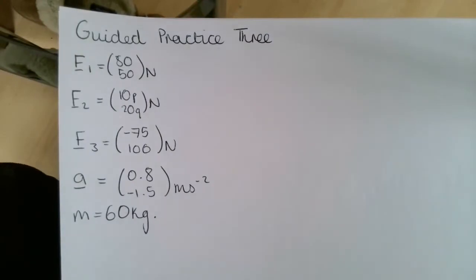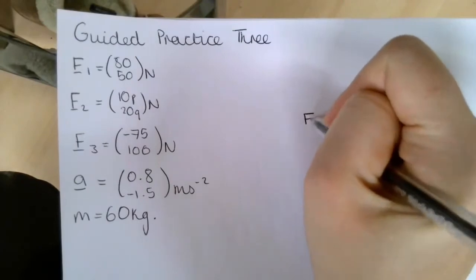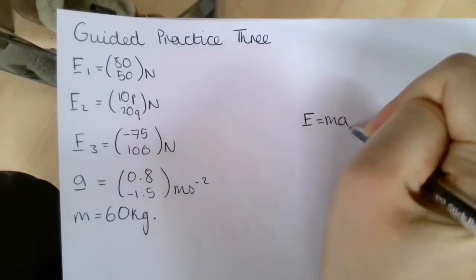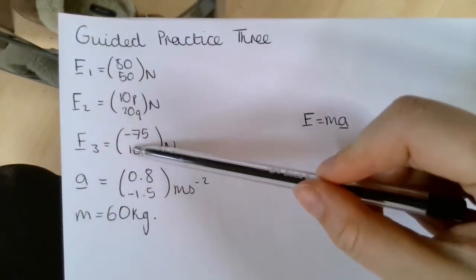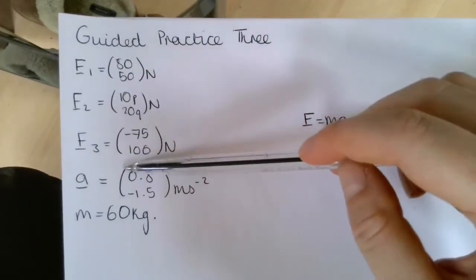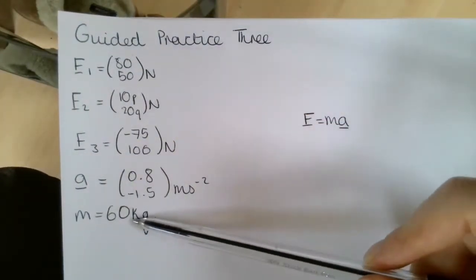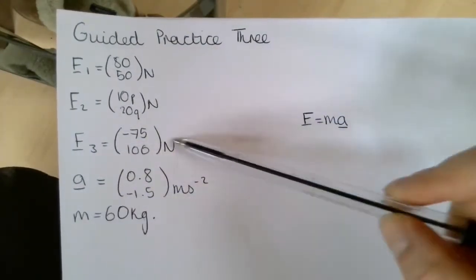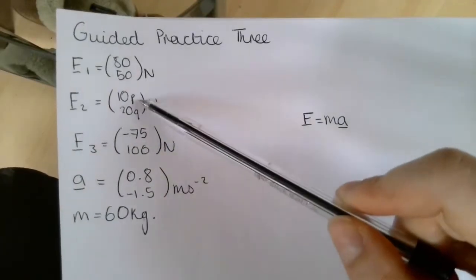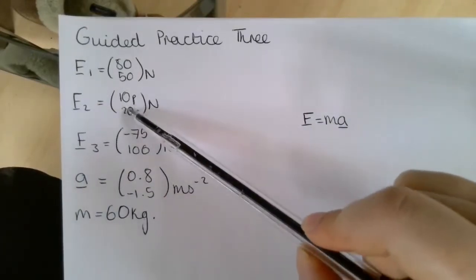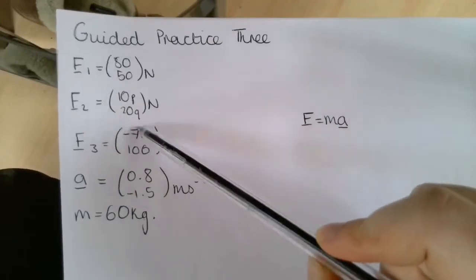For this last example, we've got a similar question, but our forces are in column notation. So we are again going to be using F equals ma. We are given all 3 forces that are acting on a particle with a mass of 60 kilograms, and we're told what the acceleration is, but one of our forces, F2, has some unknowns, p and q, in there.